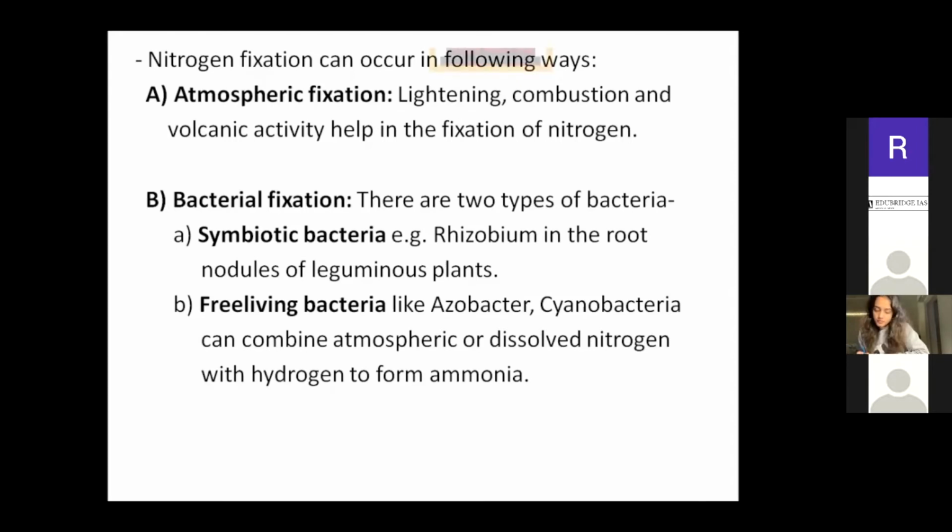Apart from these symbiotic bacteria like rhizobium, there are certain free living bacteria like azotobacter and cyanobacteria. They also can fix atmospheric nitrogen, and they can convert that nitrogen into ammonia. And ammonia is the form of nitrogen which can be used up by different plant species. So even free living bacteria can carry out nitrogen fixation. Next, so atmospheric fixation, bacterial fixation.